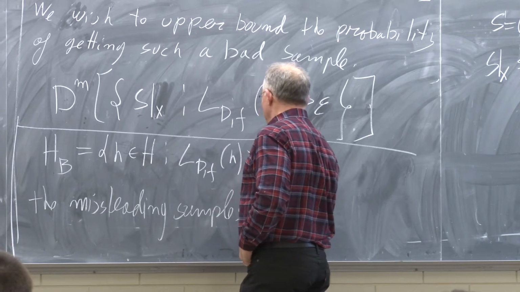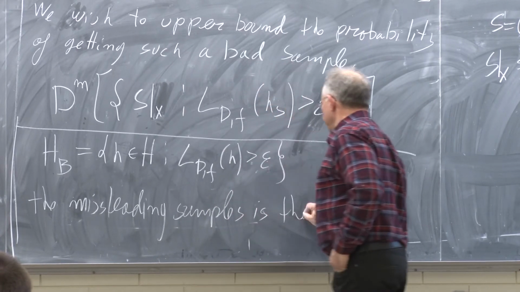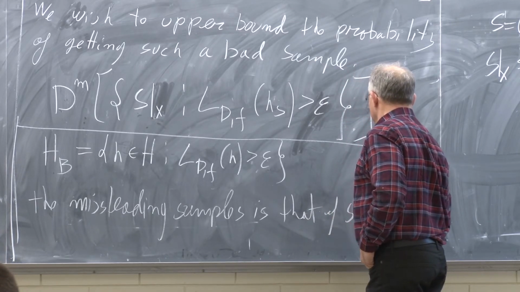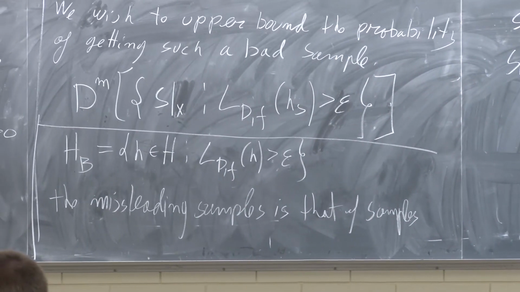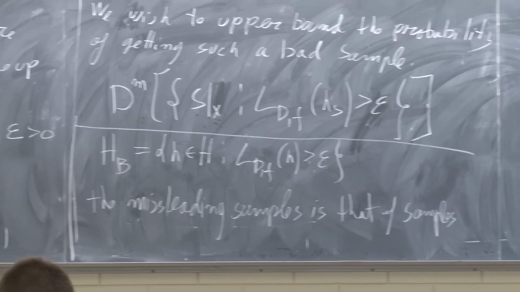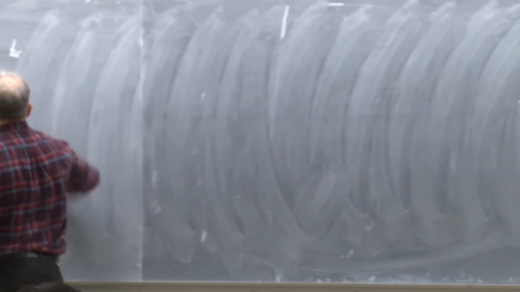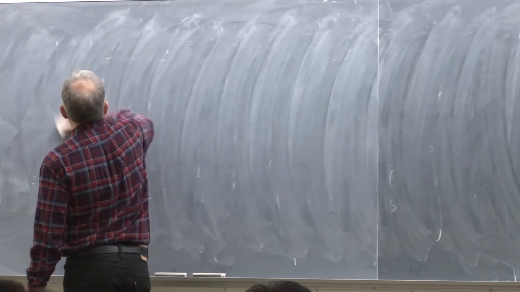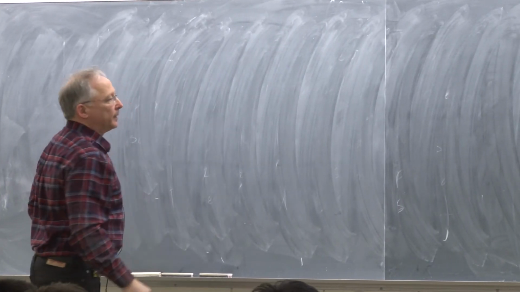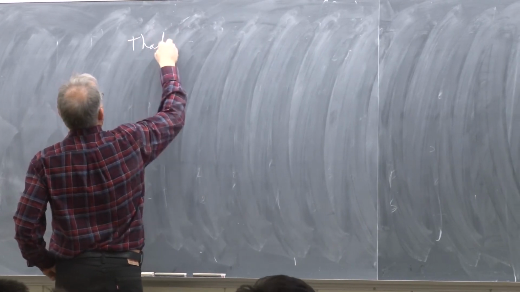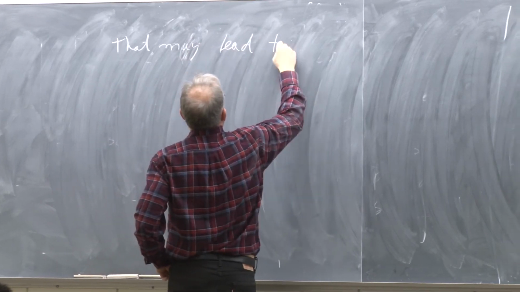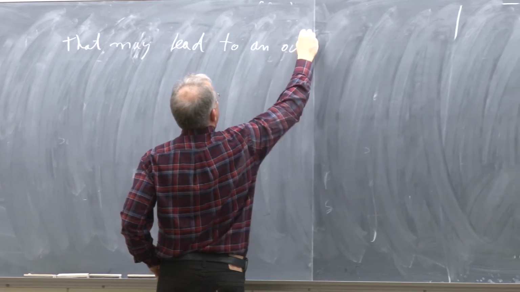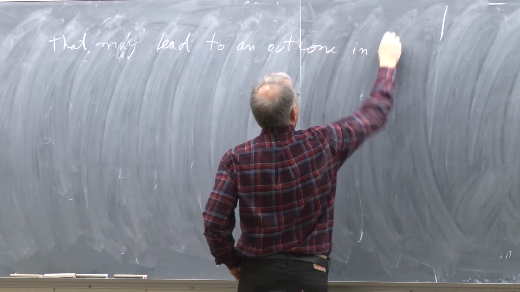A misleading sample is a sample that may lead to an outcome in HB.